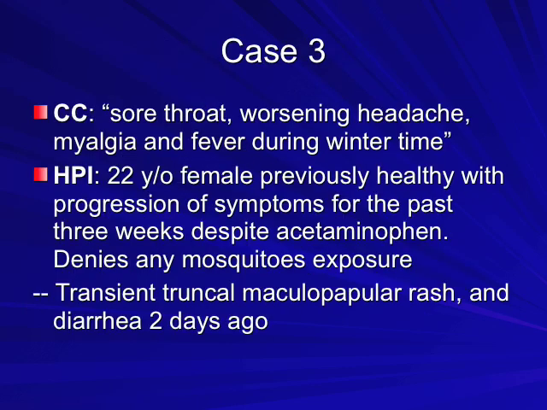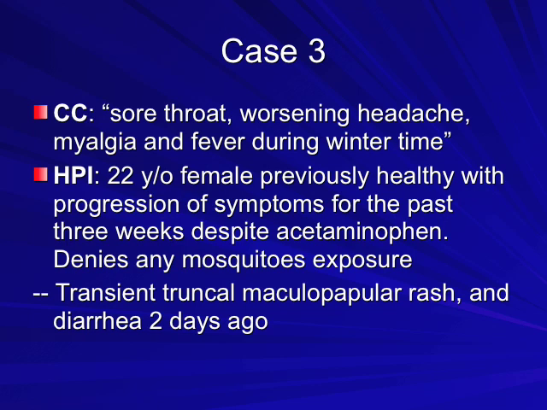Okay, moving to case 3. A patient comes complaining of sore throat, worsening headache, myalgia, and fever during winter time. So there's a clue here. A 22-year-old female, previously healthy, with progression of symptoms for the past 3 weeks despite acetaminophen. She denies any mosquito exposure.